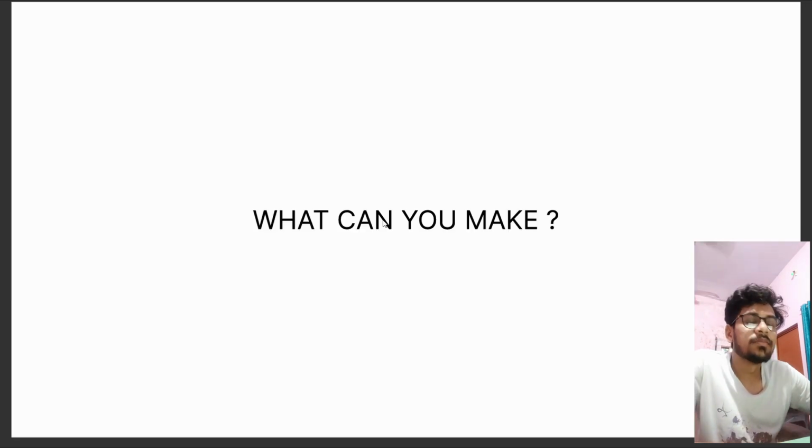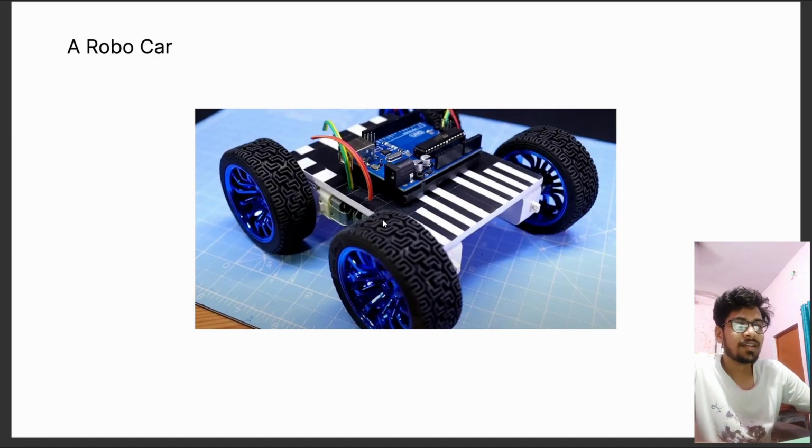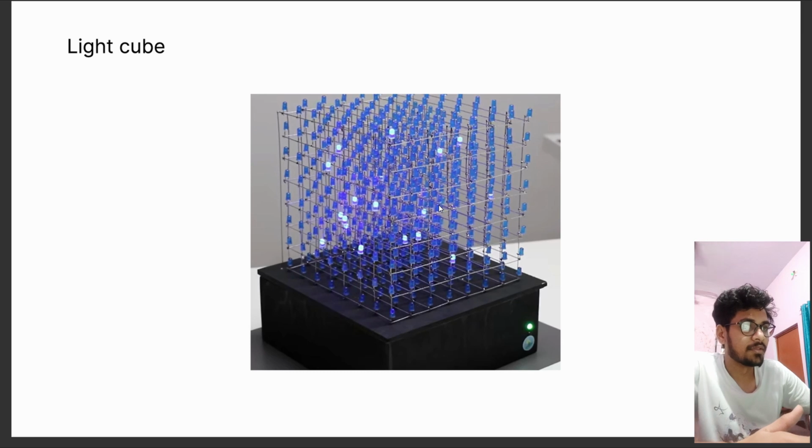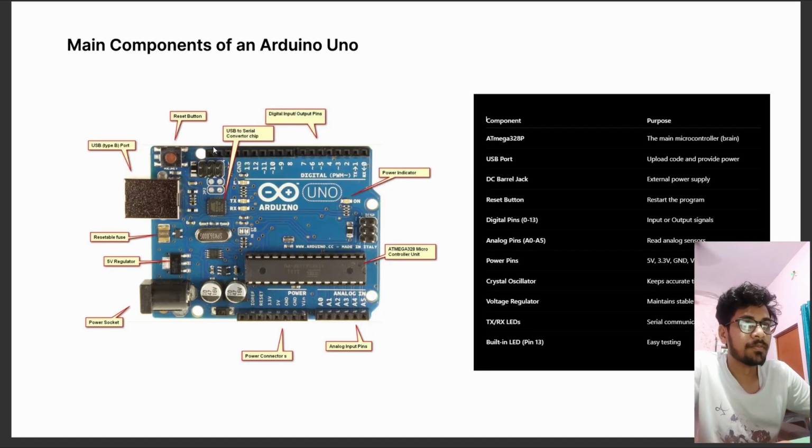So what can you make using Arduino? A robo car is one example. Here is an Arduino robot arm. We can make this robot arm using Arduino.